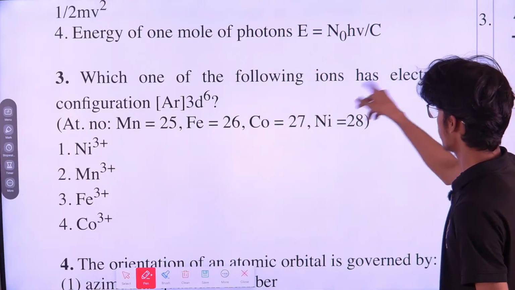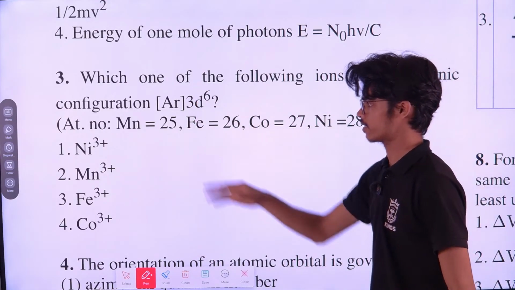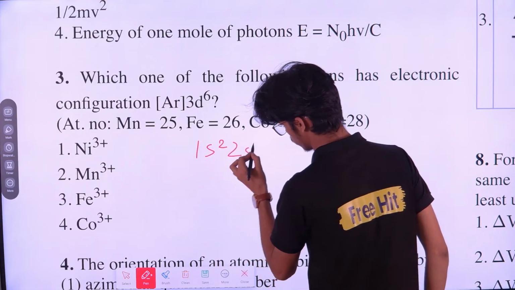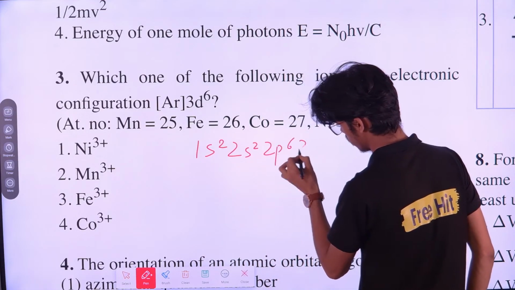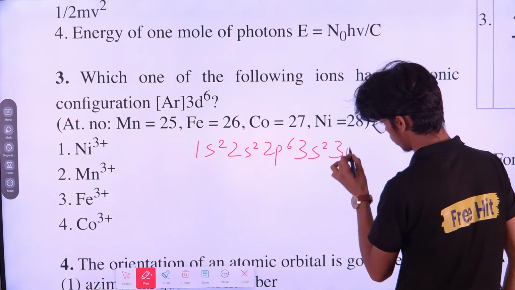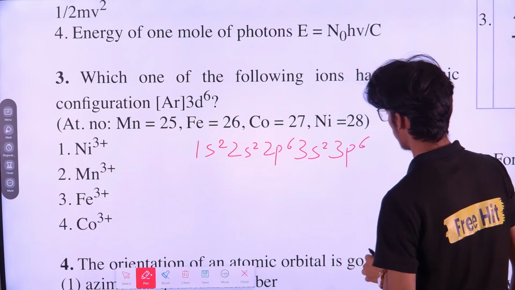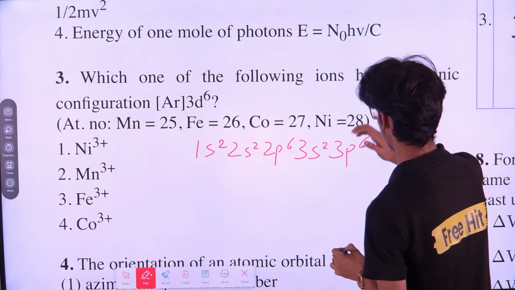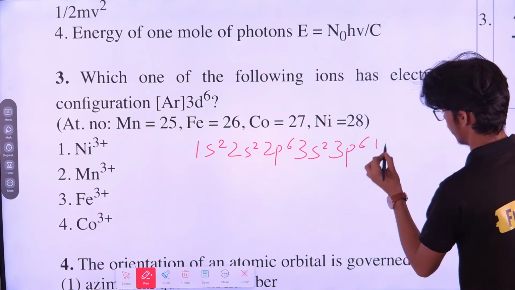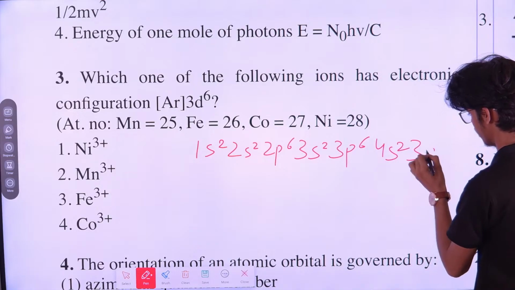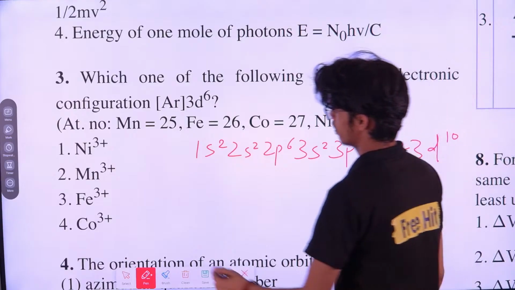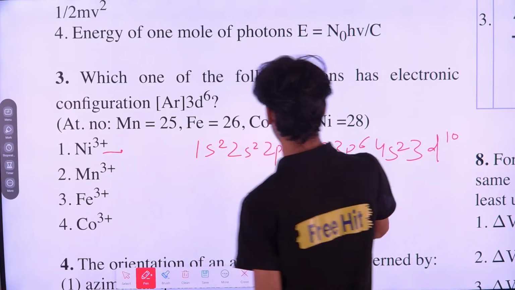Which one of the following ions has the electronic configuration Ar 3d6? Can you tell me the electronic configuration? 1s2, 2s2, 2p6, 3s2, 3p6, 4s2, 3d10. Now we have this electronic configuration. This is nickel. What is the atomic number of nickel?